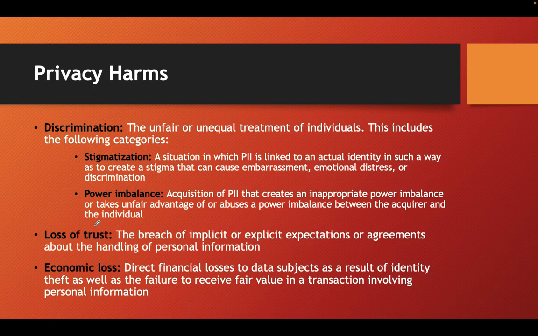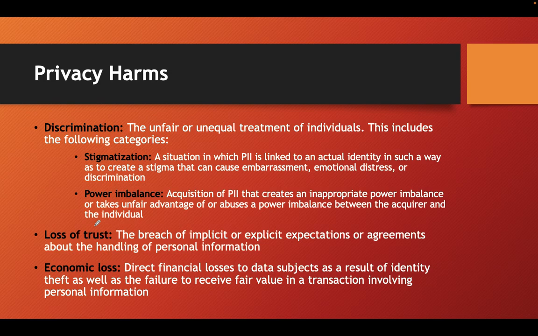Then number 4 is loss of trust. The breach of implicit and explicit expectation or agreement about handling of personal information can result from privacy harm. Privacy harm can result in loss of trust. Number 5 is economic loss.